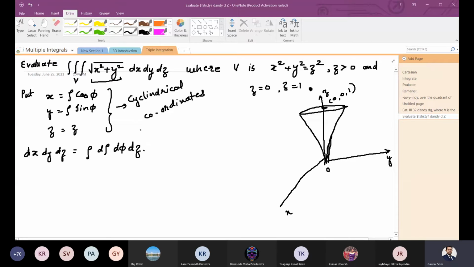Now, how to take the pillar in this case? The pillar is vertical. So you will have a pillar like this. It will start from the lower end of your volume and go up to the upper end of your volume. This is how we choose the pillar. Now, let's talk about the limits.